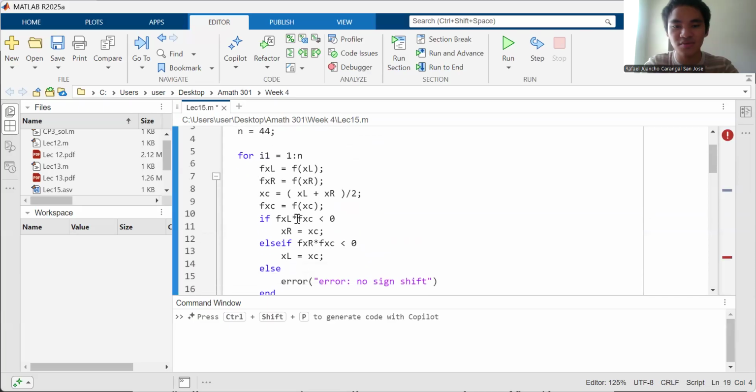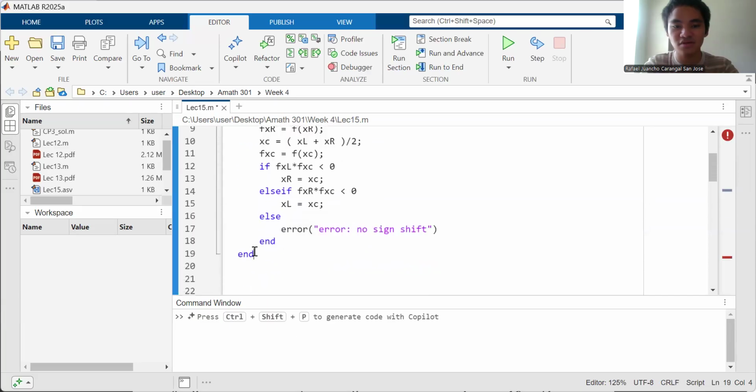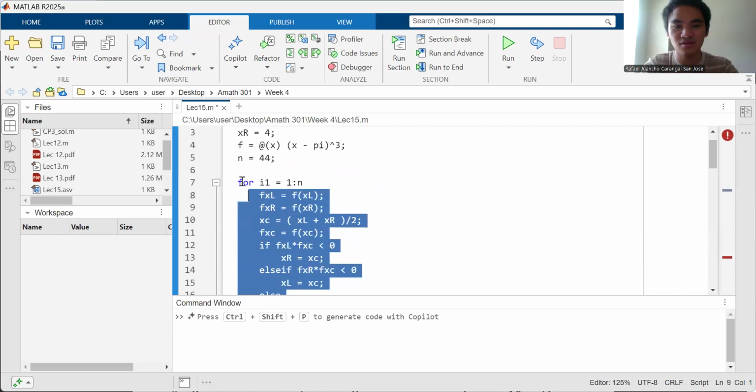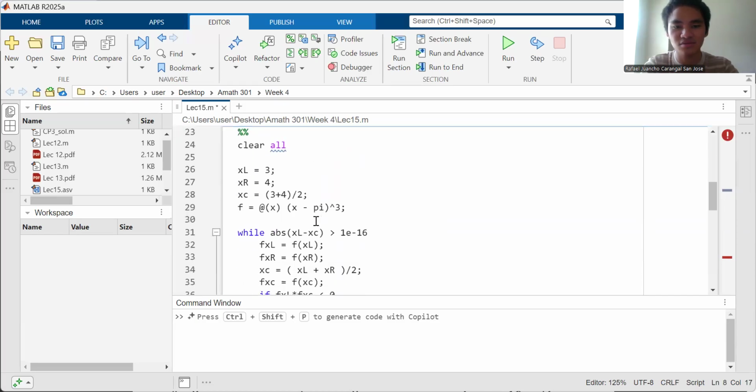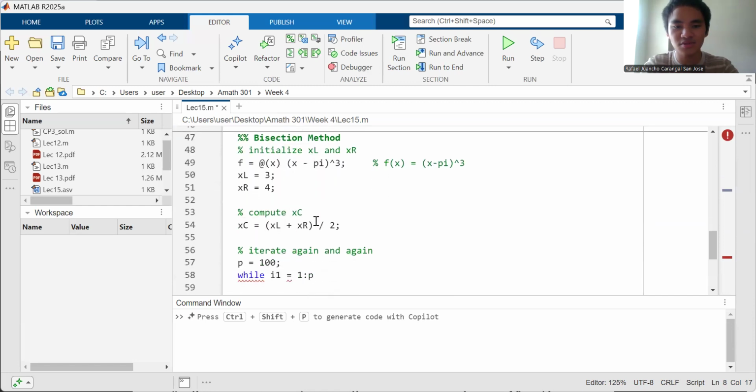It's actually a for loop, my bad. It's funny how they put a while loop there. Okay, let me just run this part.